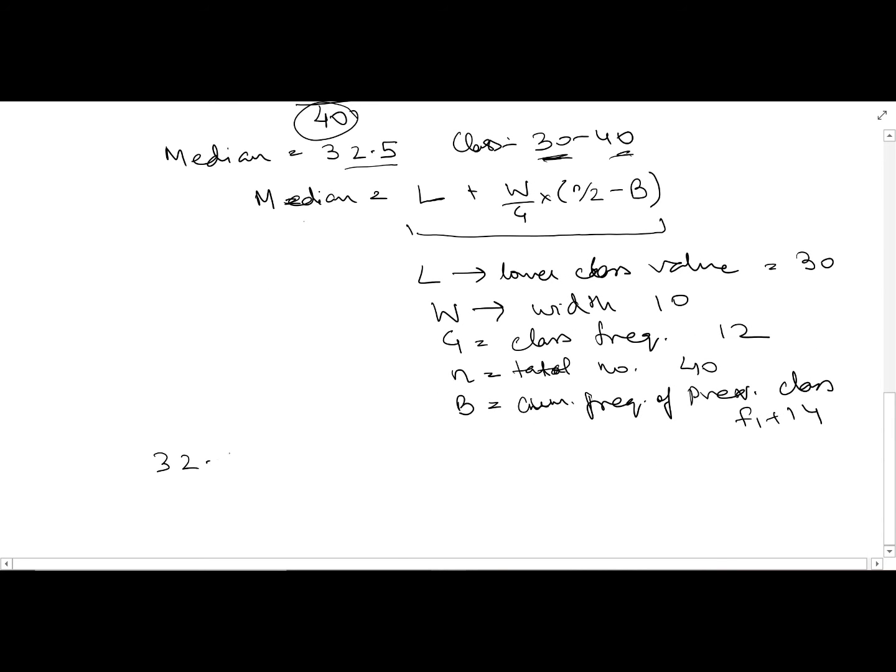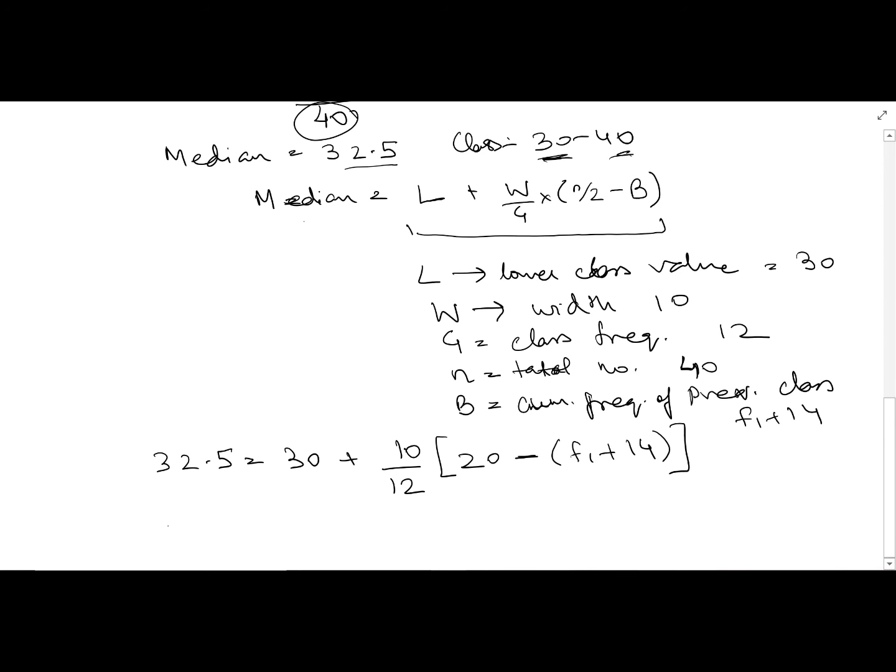So 32.5 is equal to L plus W by G, which is 12, N by 2, and N is 40, so 40 by 2, 20, minus B, which is f1 plus 14. 32.5 is equal to 30 plus 10 into 20 minus 14 minus f1 by 12.